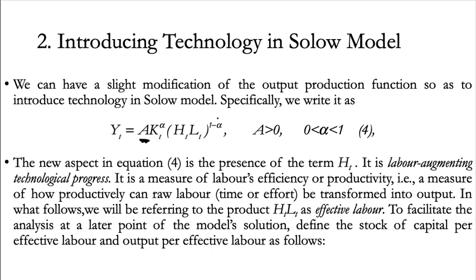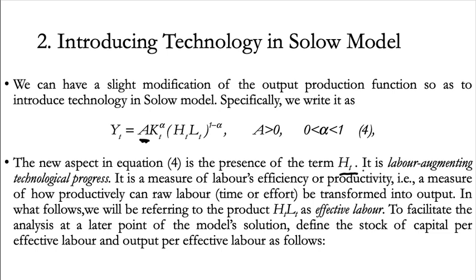So now we want to have a new aspect in equation 4. We want to make technology explicit. The new aspect in equation 4 is the presence of the term H_t. Now what is H_t? It is labor augmenting technological progress.